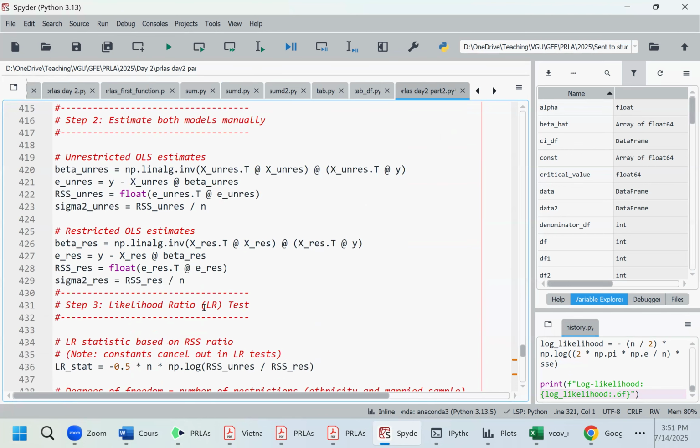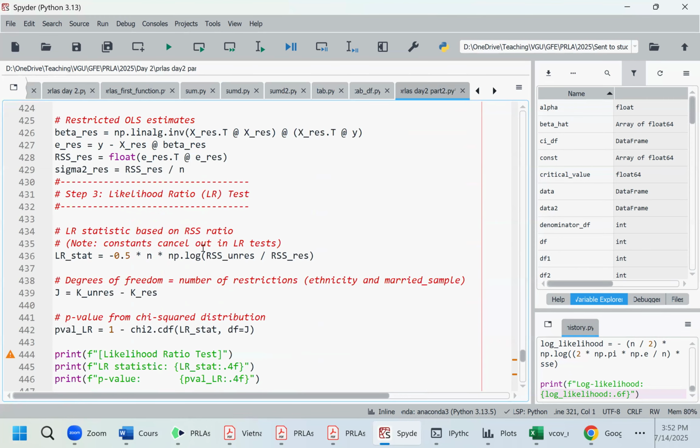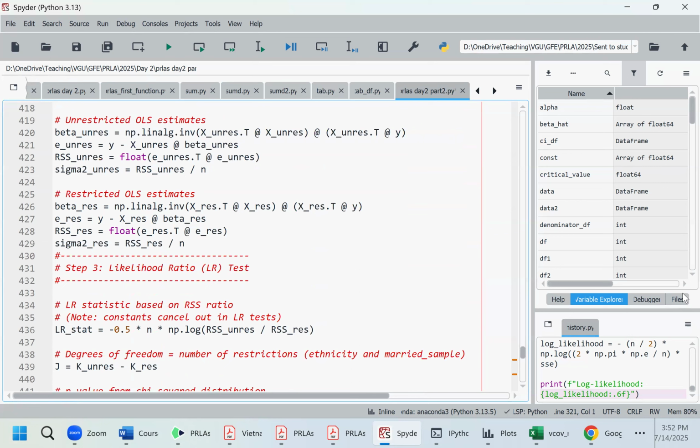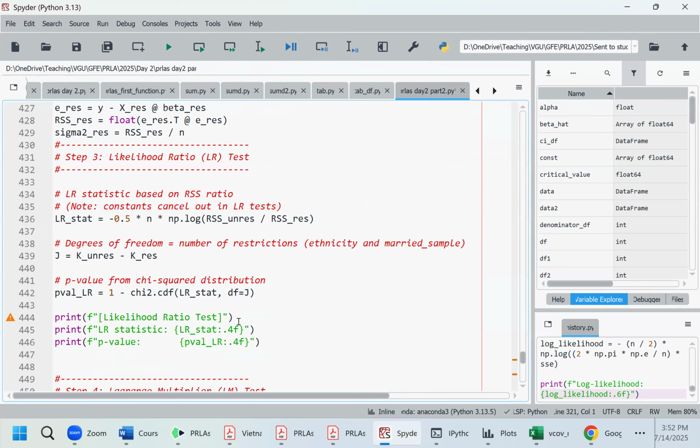Right? And then I would compute the LR test statistic. If you have this one, you will be able to compute the likelihood ratio, and the likelihood ratio is defined in this way. We already know the formula, so it's just the implementation of the formula on the slides. The number of degrees of freedom is equal to the number of restrictions.